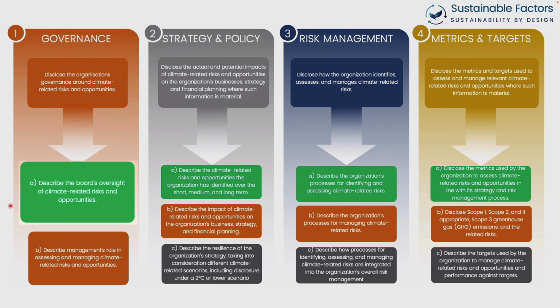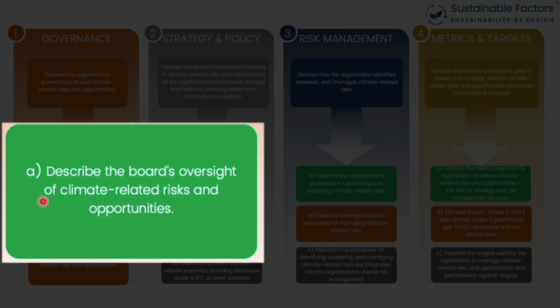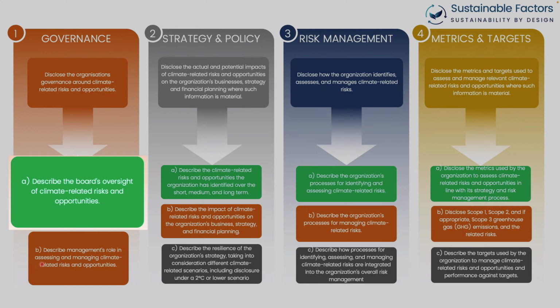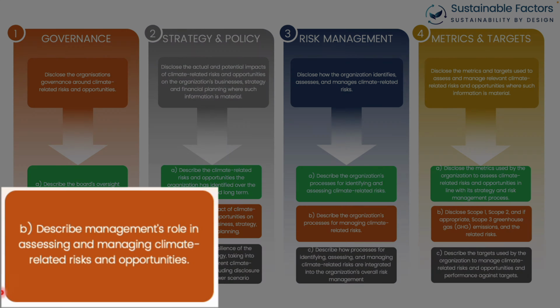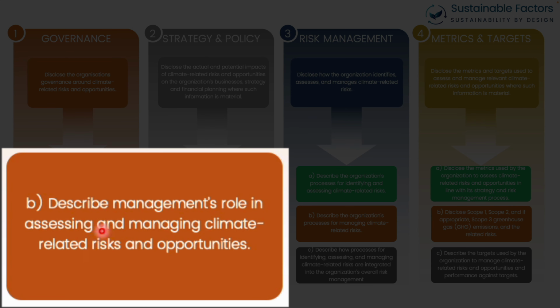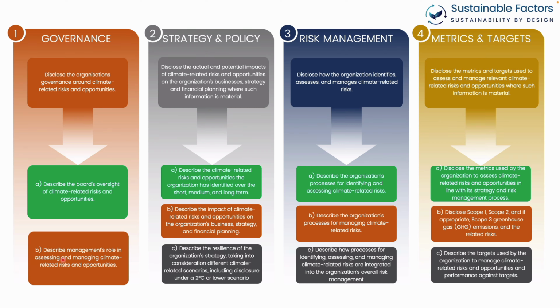So the first one here is a description of the board's oversight of climate-related risks and opportunities. And the second one is a description of the management's role in assessing and managing climate-related risks and opportunities.